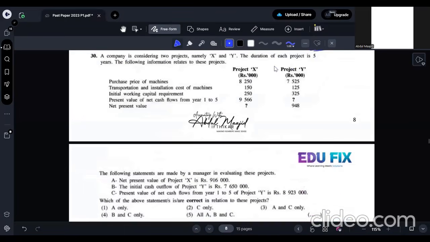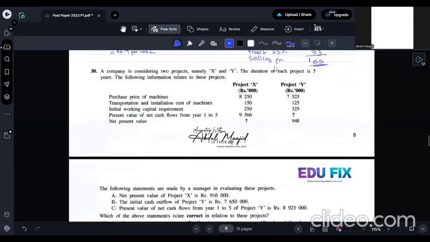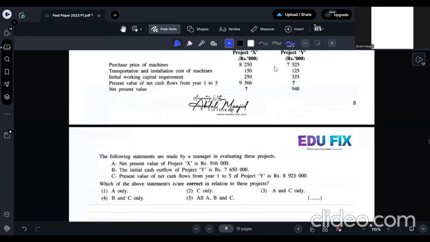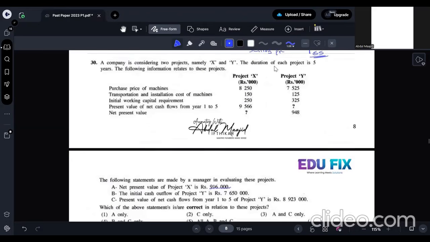They have given project X and Y, and they have given a few statements. Net present value of project X is 916,000. How do we find that? See here, they have given the present value from year 1 to 5. How do you find the net present value?